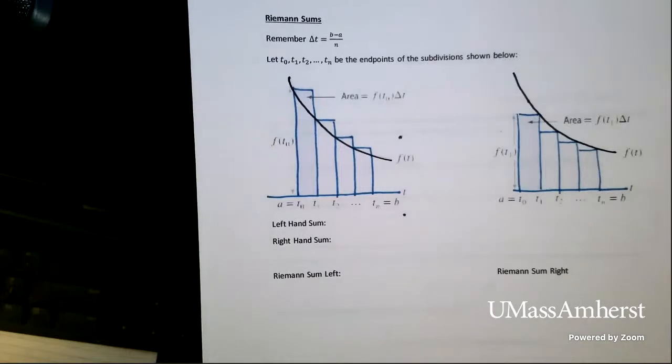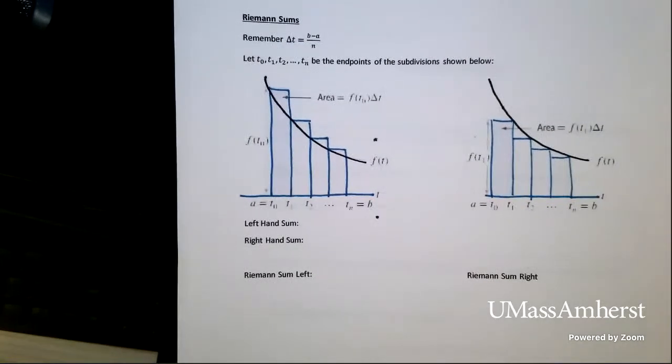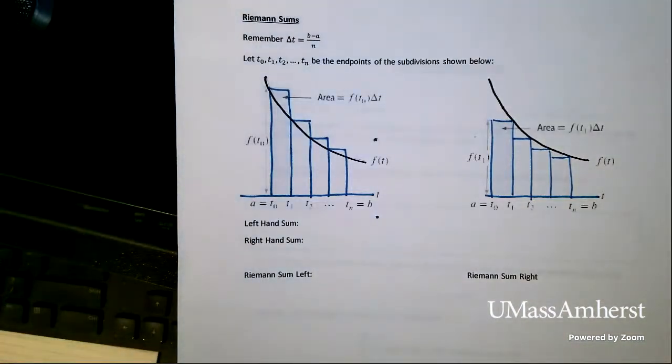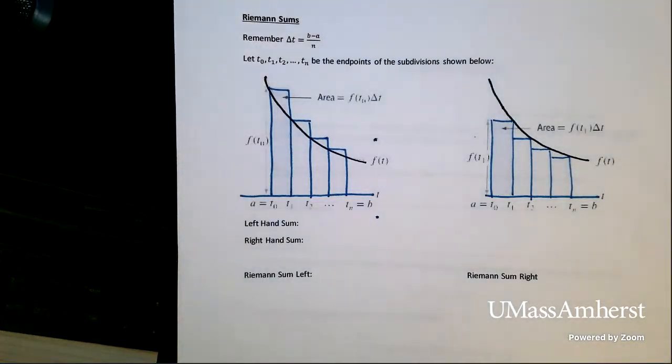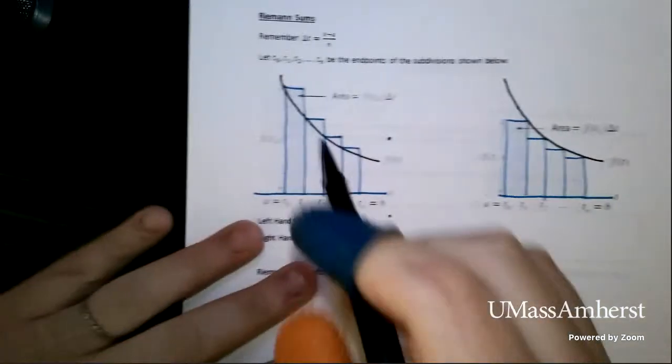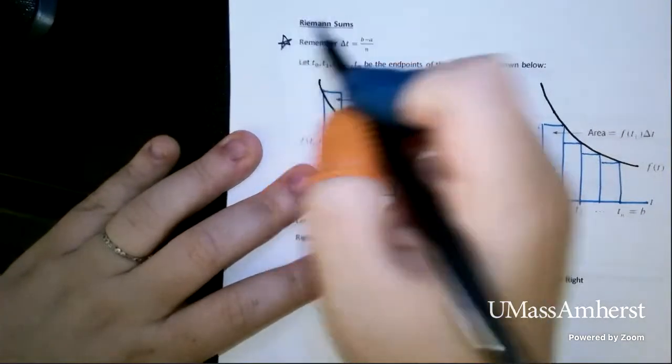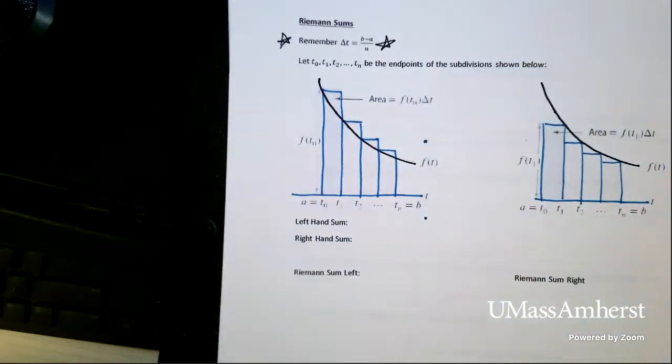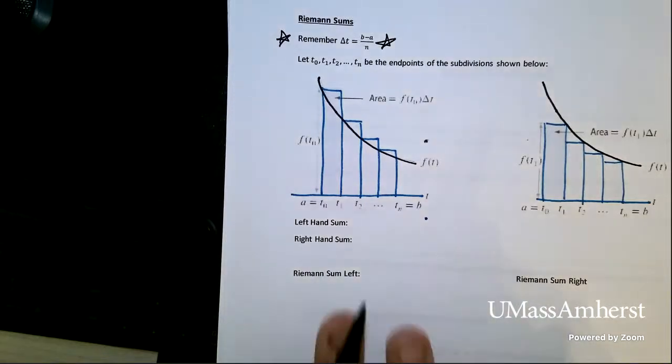Okay, and Riemann sums are somewhat conceptual. So we really have to think about what each of these pieces means when we talk about setting it up and what the notation might look like. One of the key things that we need to remember is that we have this relationship between delta t, b, a, and n.